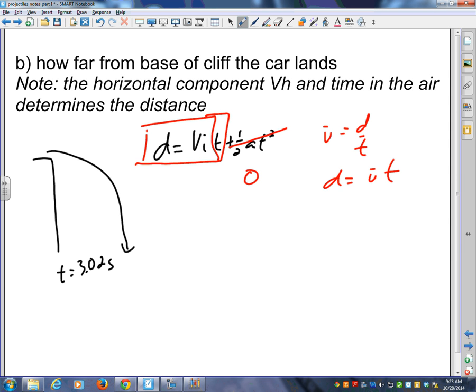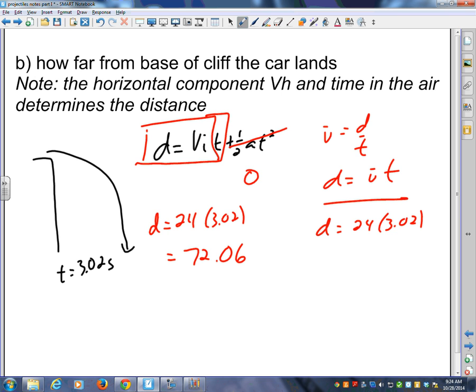It is, isn't it? So I don't care whether you use this or use that, you're still going to get 24 times 3.02. 72.06 meters. Is that right?